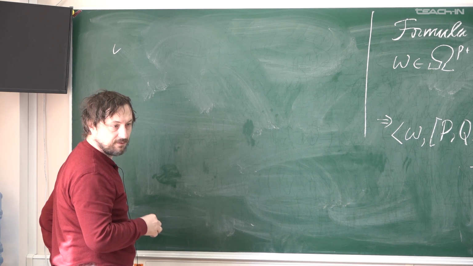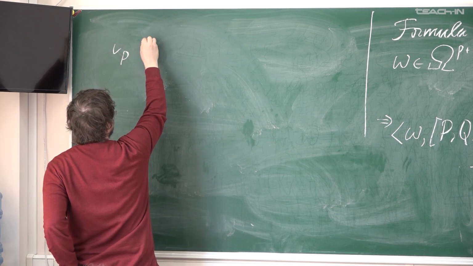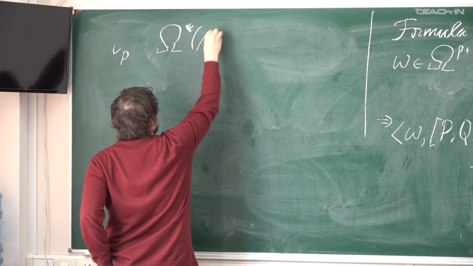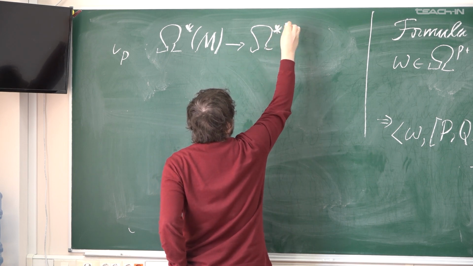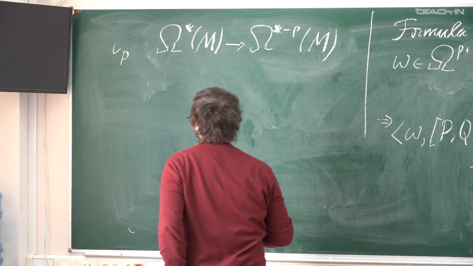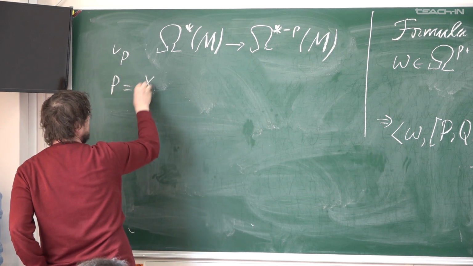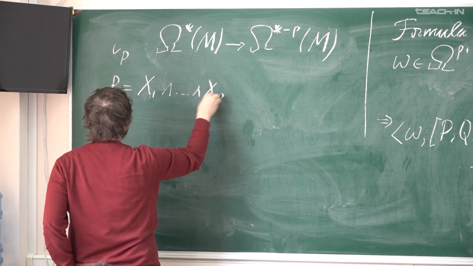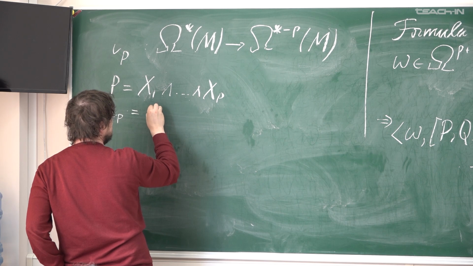So for me, i_p is a contraction from differential forms on M to differential forms of degree less by p in the original degree. And roughly speaking, if p is equal to the wedge product of p vector fields x1, ..., xp, then this i_p is just the composition of the contractions.